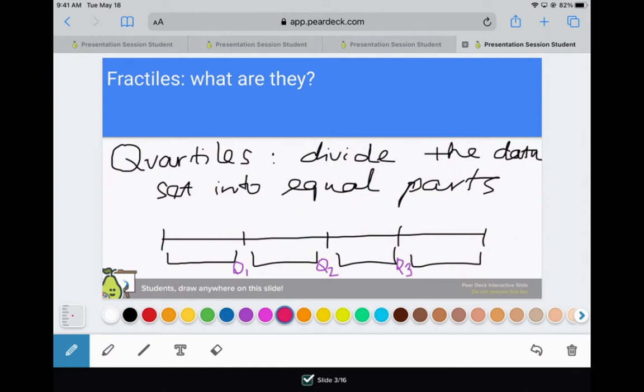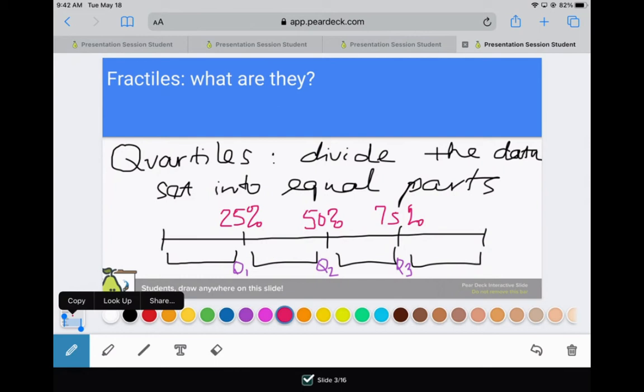So this is about 25% of the population. This is about 50%. This is 75%. So when you look at your data and you're somewhere at quartile 1, that means it's about 25% of the population.